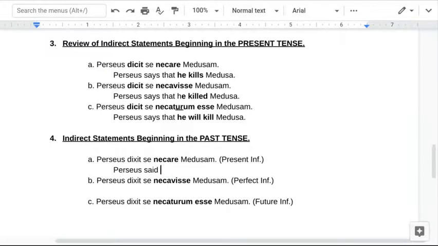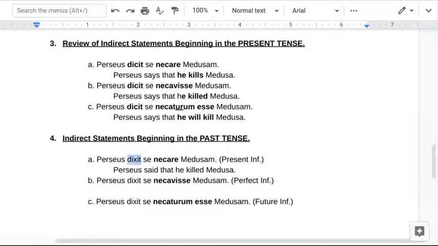So Perseus said that he, which is all from the say here, and that is assumed, Perseus said that he killed Medusa. We cannot say he kills Medusa because we started in the past. So everything has to be in the past.